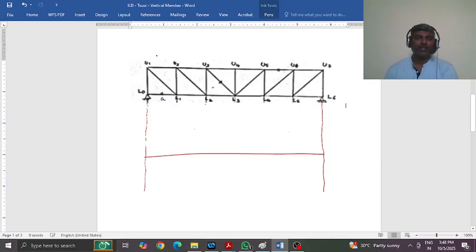Now, when the unit load is on the left part, like positions U1 and U2, it is following the RB value of force in the vertical member. This is the vertical member considered. So the member force is equal to RB and it is tension.